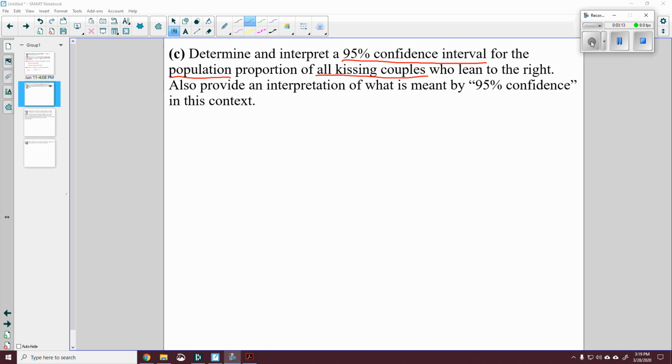What I want to do here is determine whether or not I can use the central limit theorem on this problem.